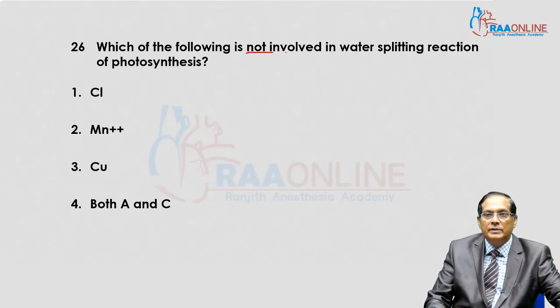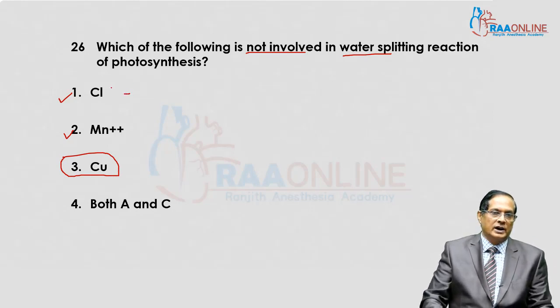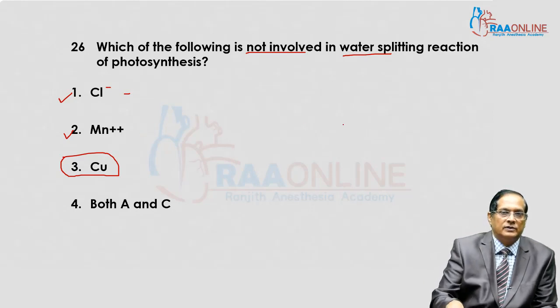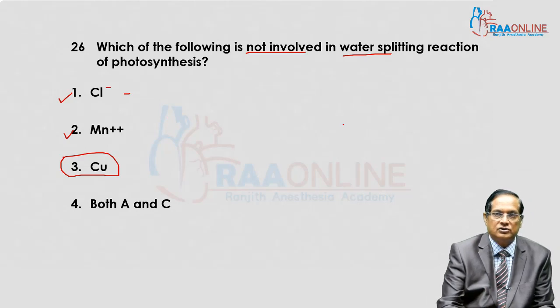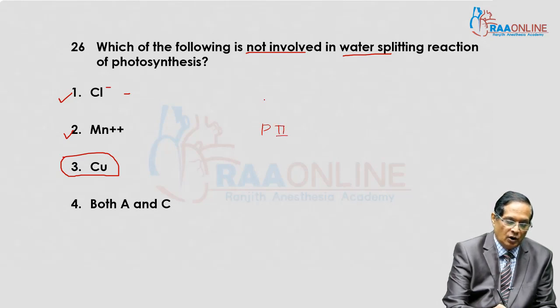Not involved in water splitting. Calcium, chlorine is required and magnesium is required, but copper is not necessary for the splitting of water, because chloride ions and manganese ions are responsible for the photolysis of water and electron transfer. Actually, pigment system number 2, on excitation, loses electron.